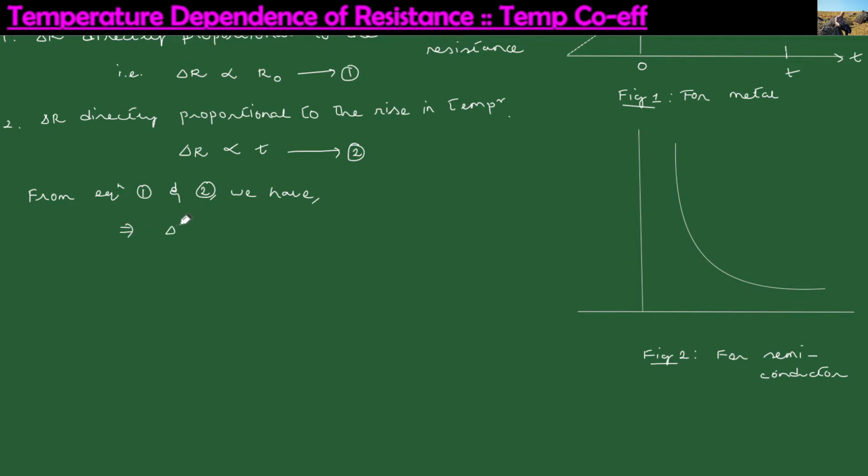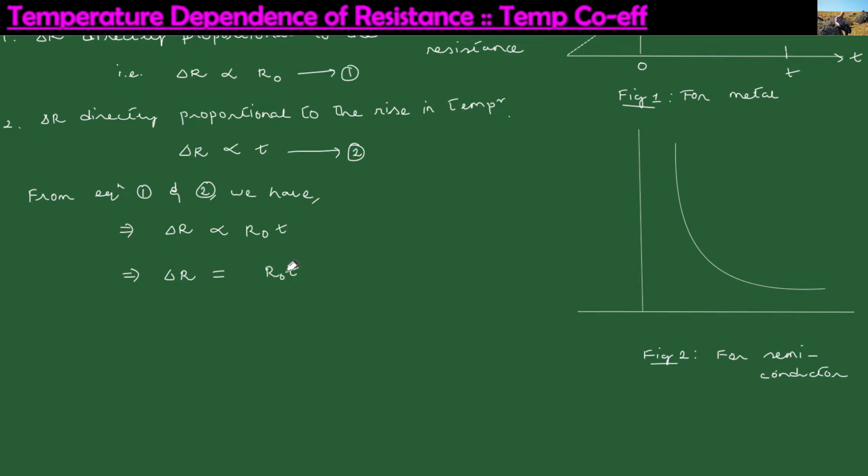From these two equations, we can write that the change in resistance is directly proportional, number one, to R naught, and number two, to the change in temperature, which is T. In physics, we replace this proportionality sign by an equal sign and a constant of proportionality.